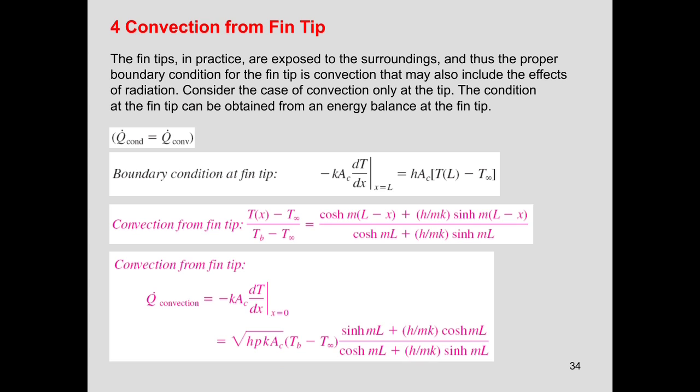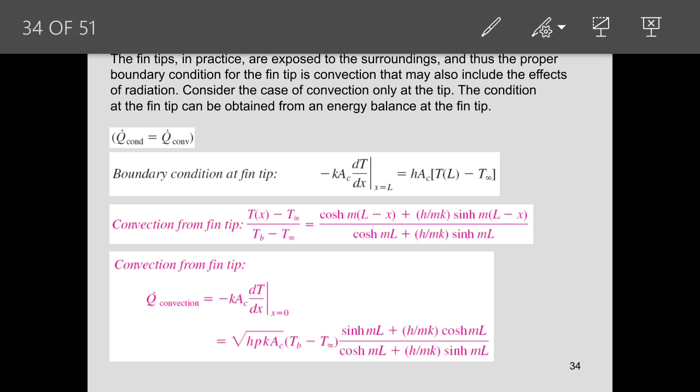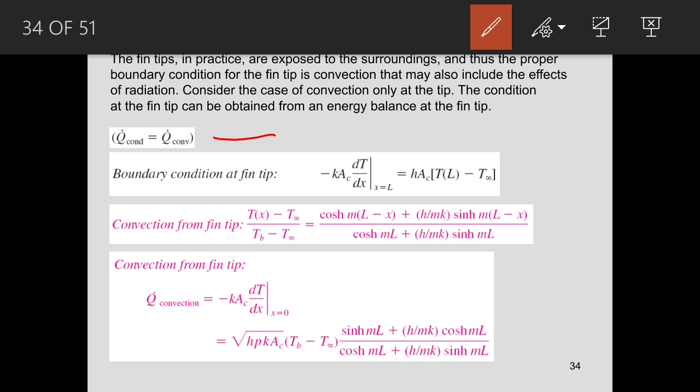Consider convection only at the tip. The condition at the fin tip can be obtained from an energy balance at the fin tip. So we consider the heat balance Q conduction = Q convection. Here the boundary condition at the fin tip is −k Ac dT/dx at x = L, that means at the total length of the fin.